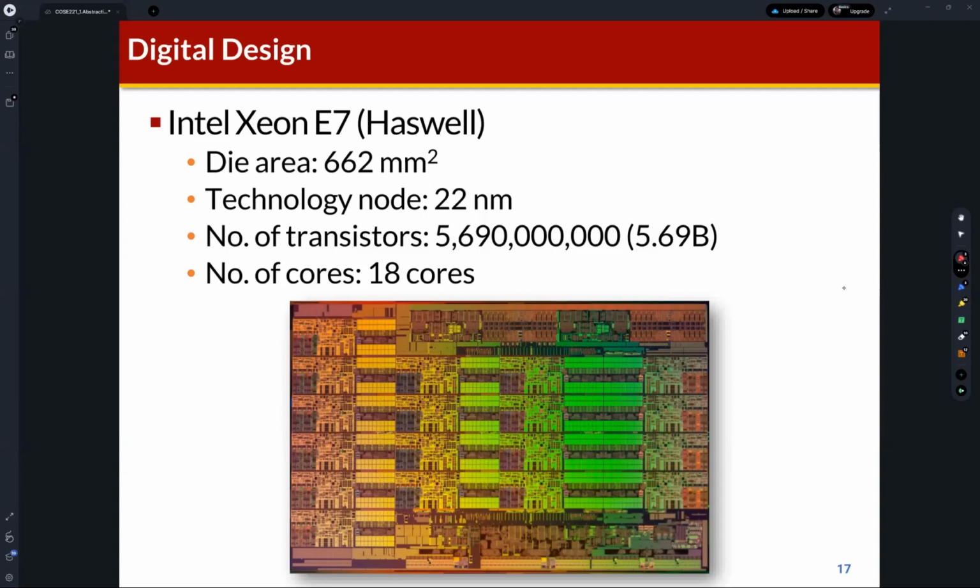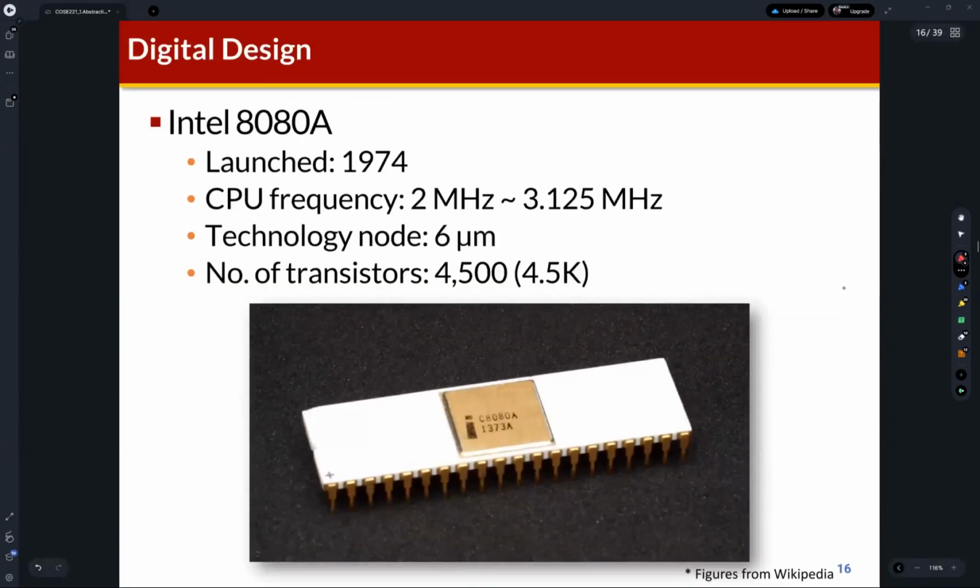Intel is also developing advanced semiconductor technology. So just remember this number. When the technology node size is smaller, the performance of a single transistor is higher, which means it's a better transistor. Its technology node is 22 nanometer. It's much smaller than 6 micrometer.